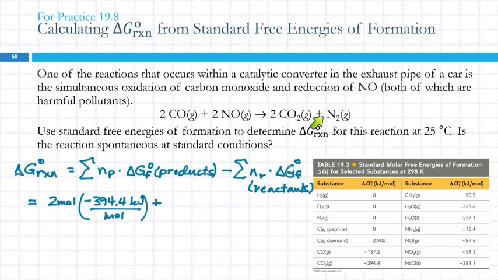Then we have to add 1 mole of nitrogen. Well, what's the standard free energy change for nitrogen? It's 0, because that is the element in its standard state. And like enthalpy, this is where we define what we define as 0. So this would be 1 mole times 0.